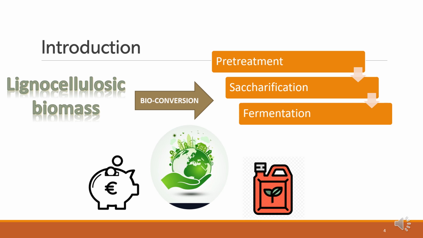There are various approaches for breaking down the recalcitrant structures, such as physical, chemical, and biological pretreatment, before the saccharification and the fermentation of glucose into valuable products.